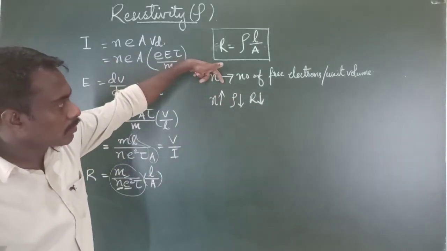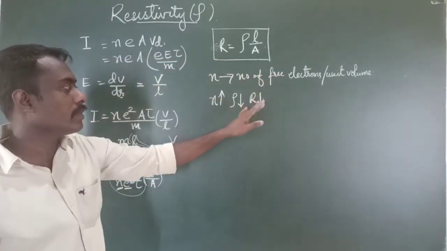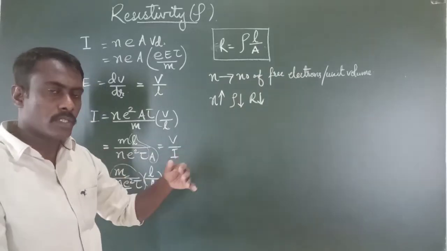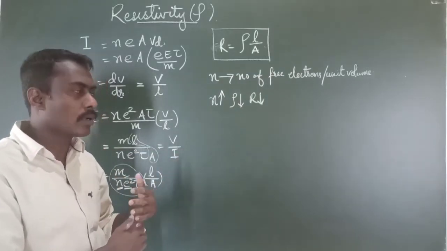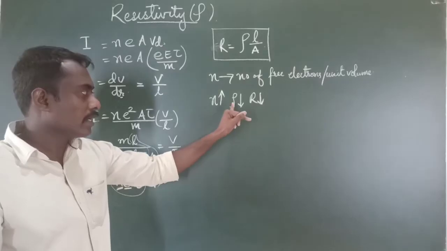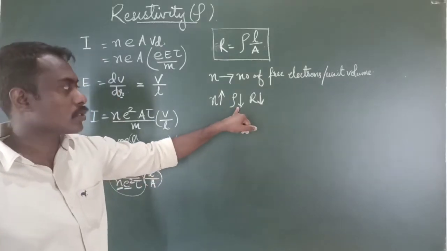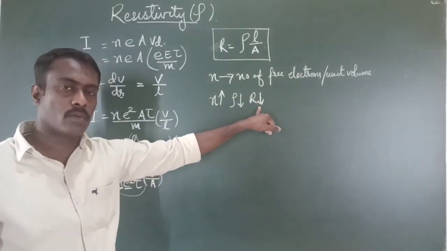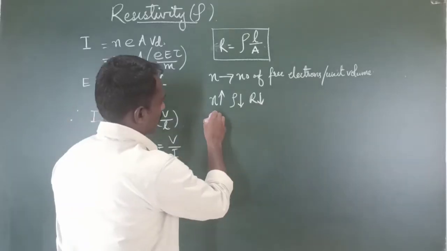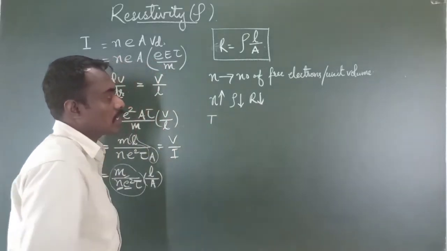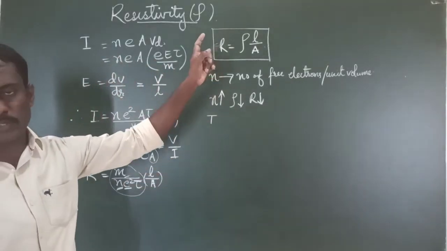So if the number of free electrons per unit volume increases, the resistivity of the material decreases, so the resistance of the material also decreases.